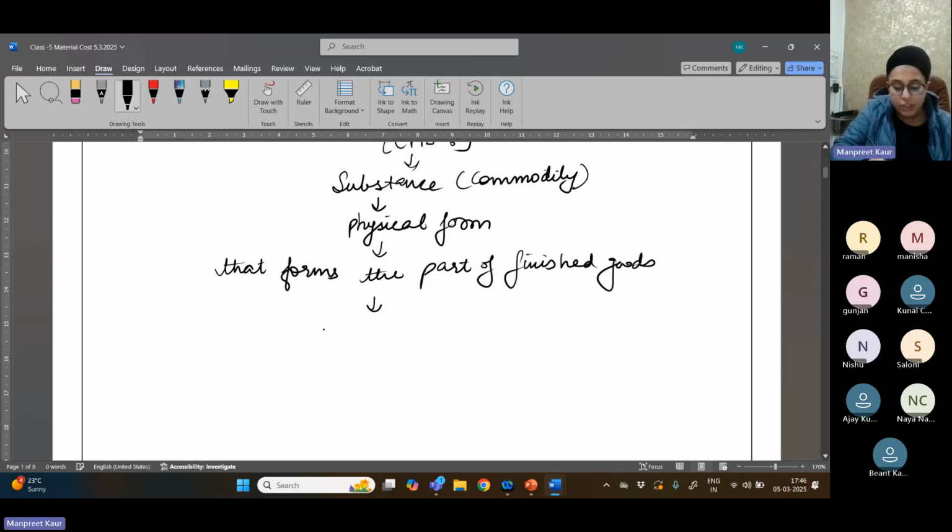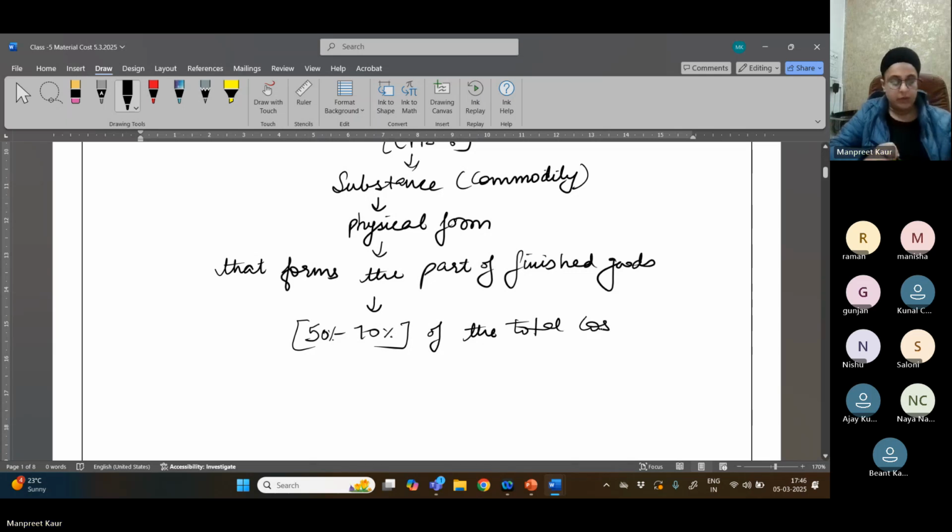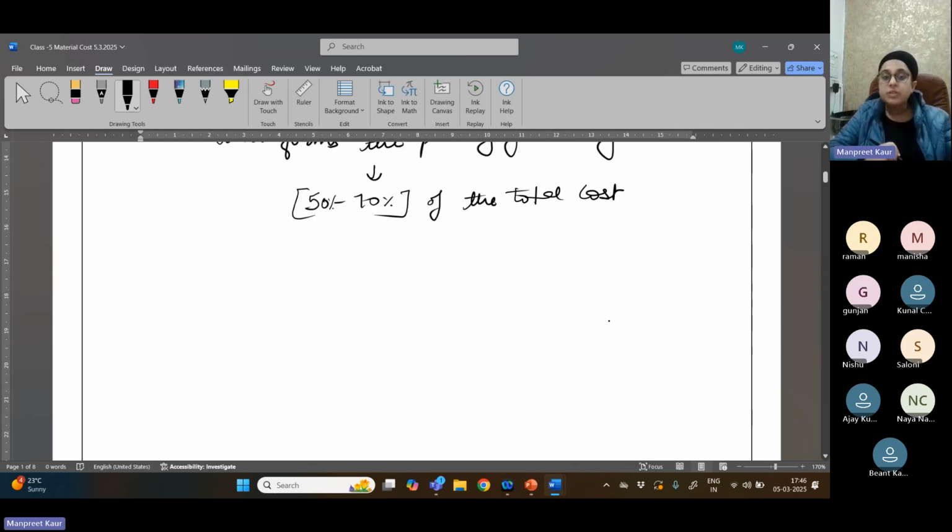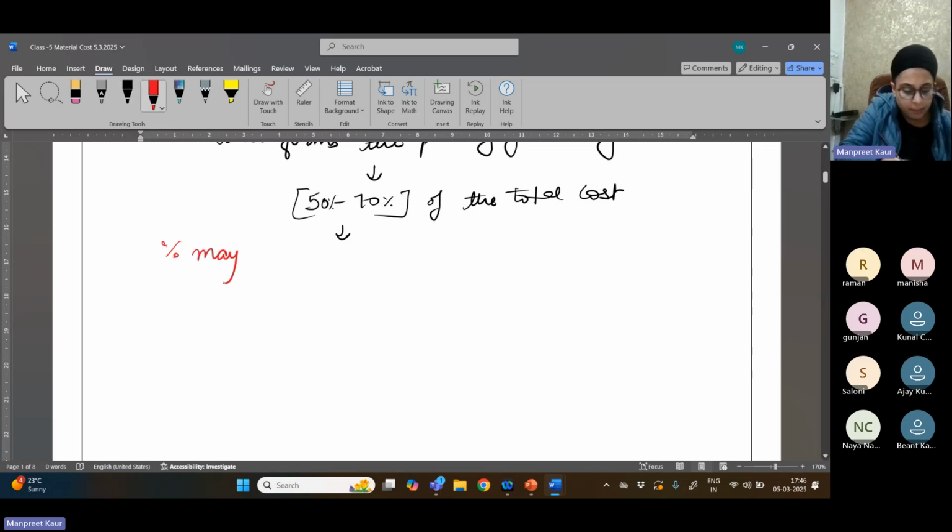Next, it constitutes approximately 50% to 70% of the total cost. We can say 50% to 70% of the total cost is the raw material cost. We can also say that this percentage may differ.